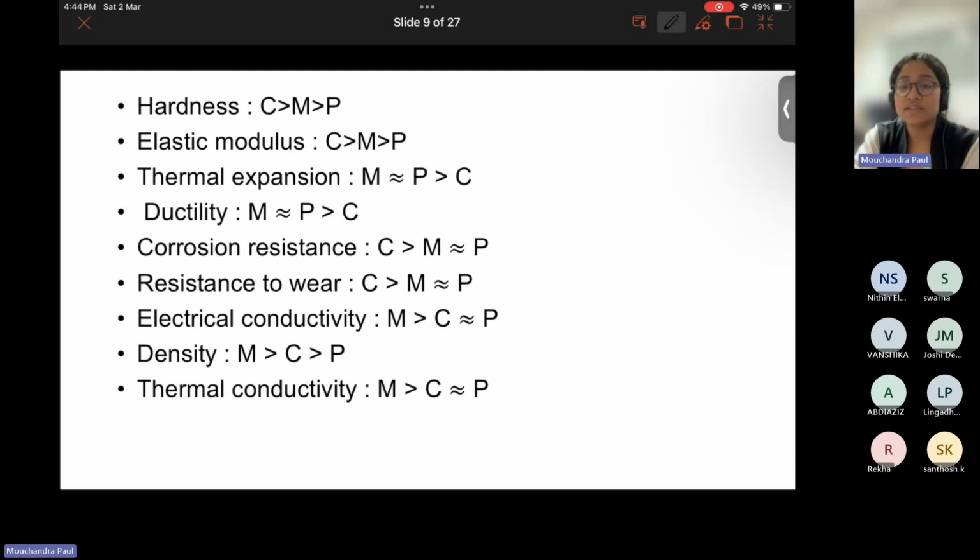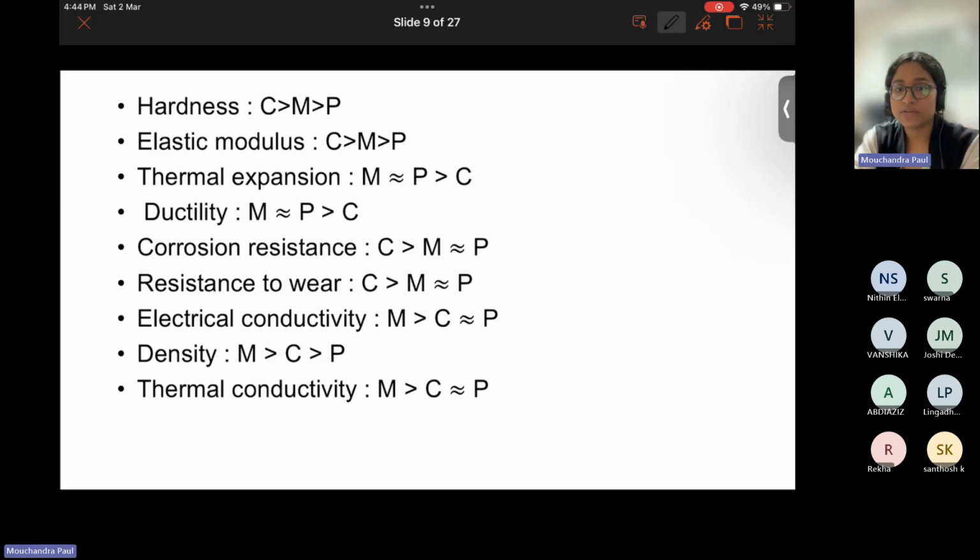It is the resistance to corrosion, meaning in presence of some harsh environment, the surface of the material will not come off, ions from the material will not start leaching out. Wear is again like rubbing: some surface is rubbed so many times that the surface starts deforming. If the material is resistant to this, that is called resistance to wear.